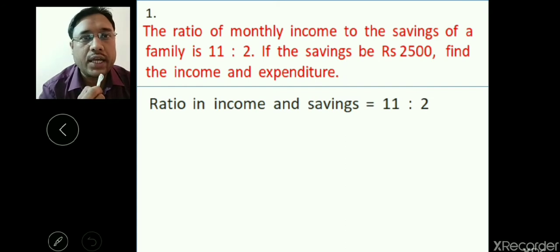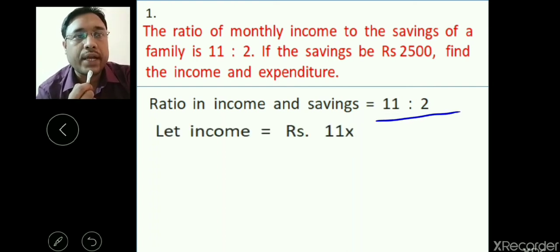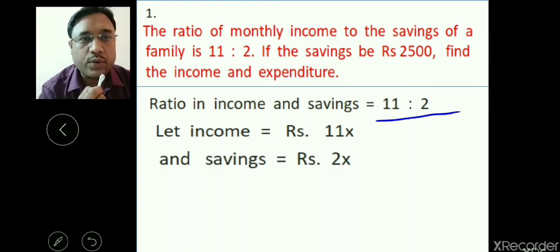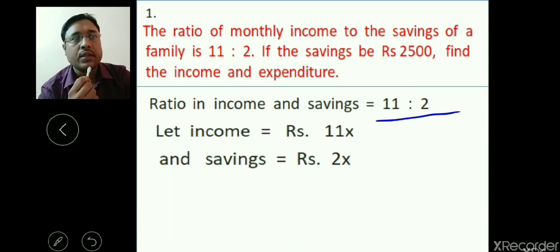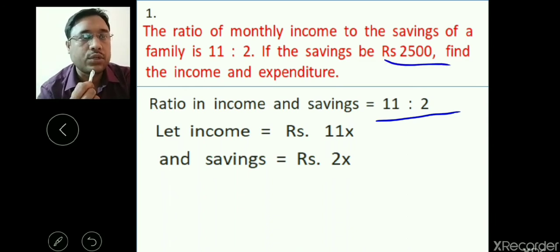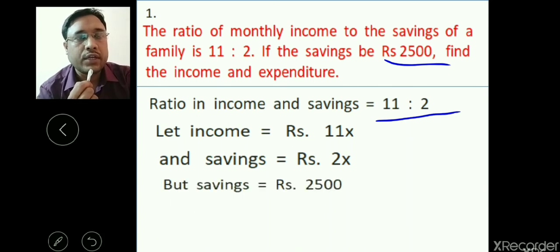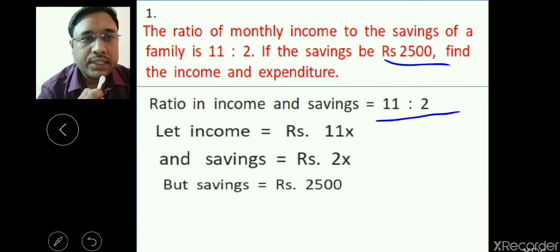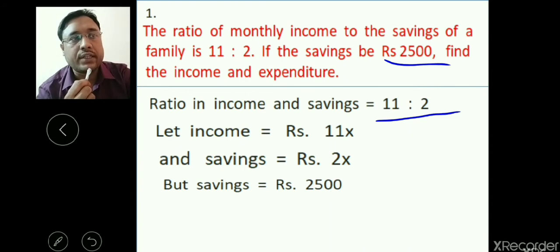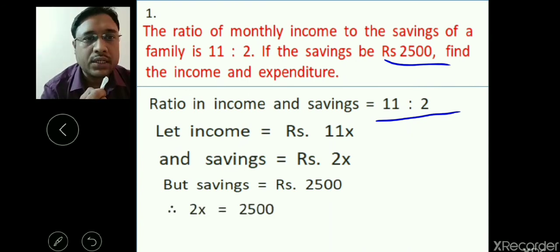Then we can write that the ratio of income and savings is 11 is to 2. So let income equal 11x rupees and savings equal 2x rupees. According to the question, the savings is given as 2500, so we can equate that: 2x equals 2500.